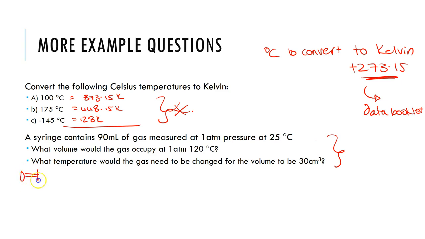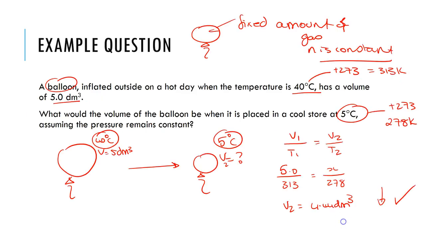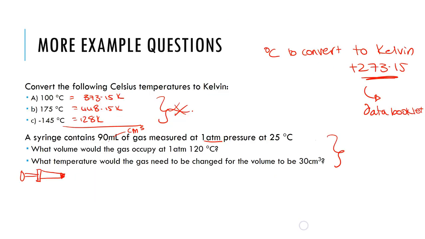Again, we have this syringe example, which is a common kind of setup for gas questions. And we've been told it's 90 milliliters, which in IB speak, remembering, is centimeters cubed, measured at 1 atmosphere of pressure. So because we're using this relationship, remember the V1 T1 over V2 T2, it doesn't matter what my units are except for temperature.